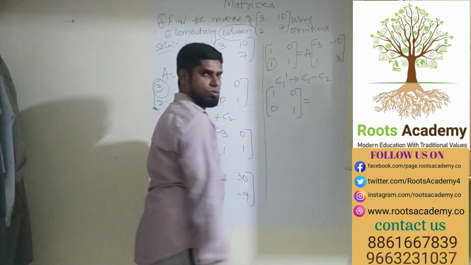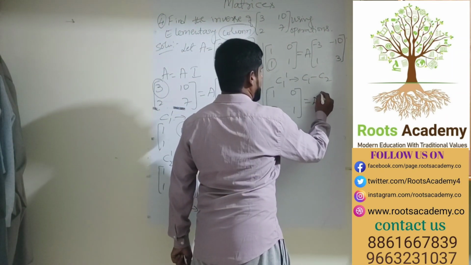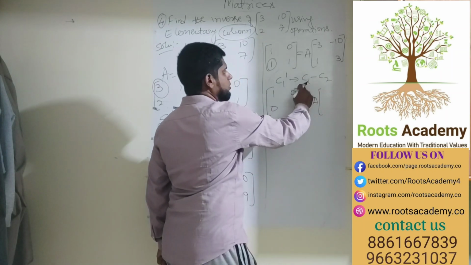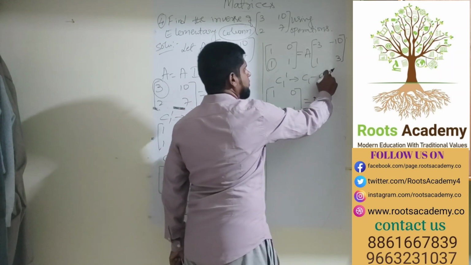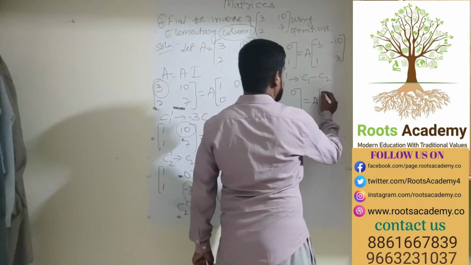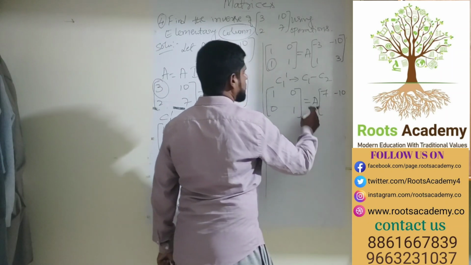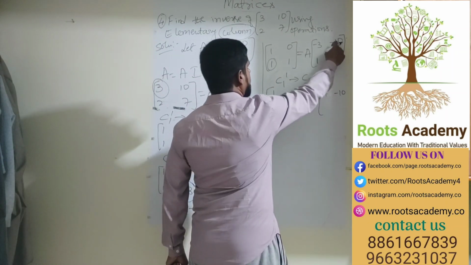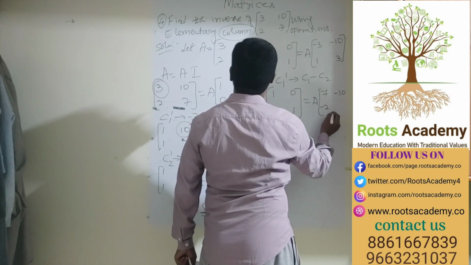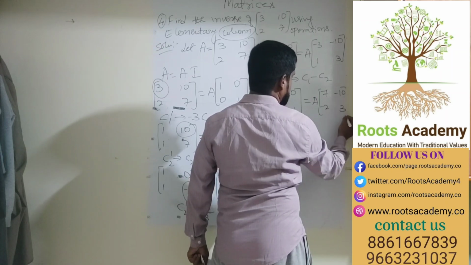That should be equals to A into minus 3, minus into minus, plus 10. Minus 3 plus 10, it's plus 7. Minus 10 as it is. On second column, 1 minus 3, it's minus 2, and second column 3 as it is.